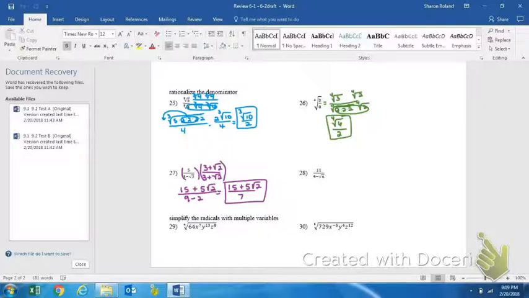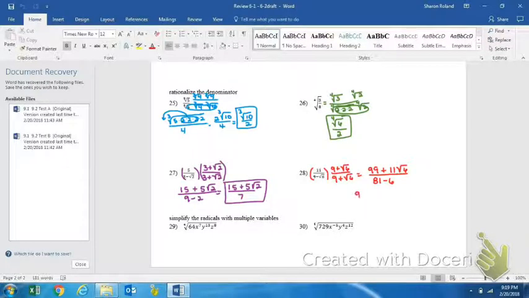You'll do the same thing for number 28. You multiply by its conjugate, which is the same numbers, but the signs are opposite, or the middle sign is opposite. So that's 11 times 9 is 99, plus 11 root 6, divided by 9 squared is 81, minus square root of 6 times square root of 6 is 6.